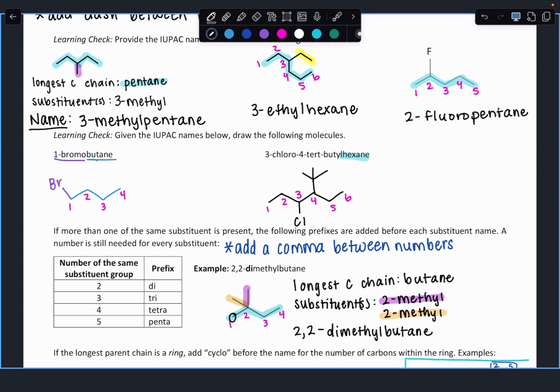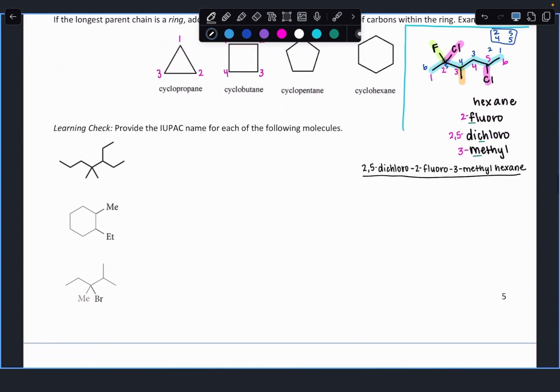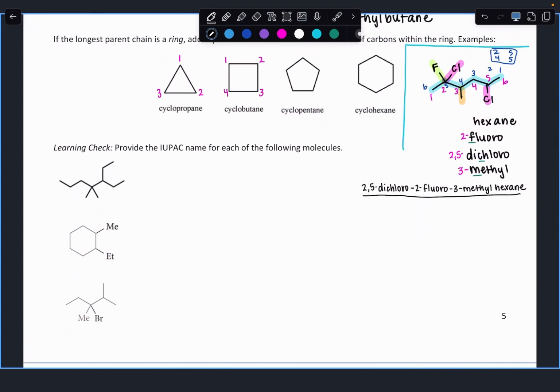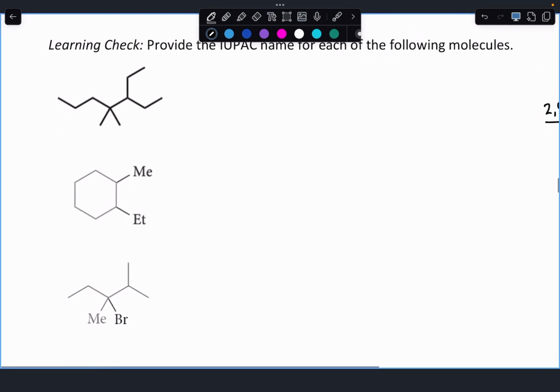Okay, I'll start going through these examples on the bottom of the page. First molecule, the longest carbon chain is pretty apparent the way that it's drawn.